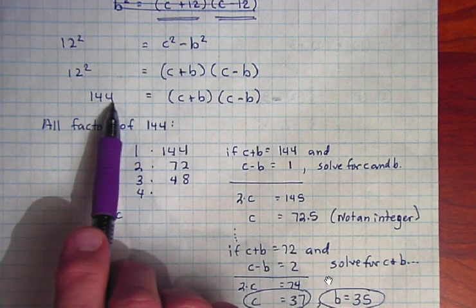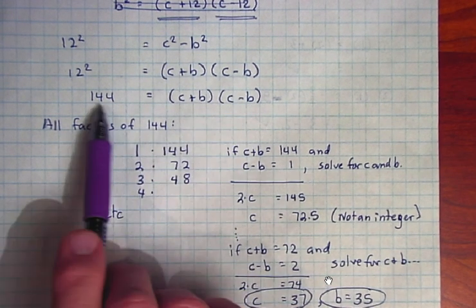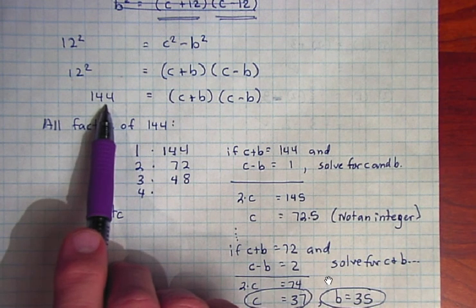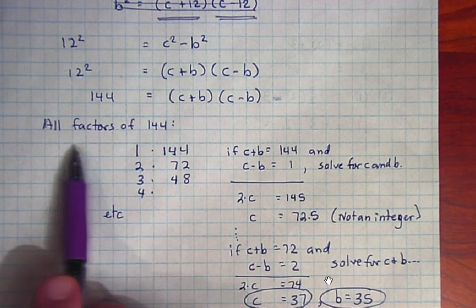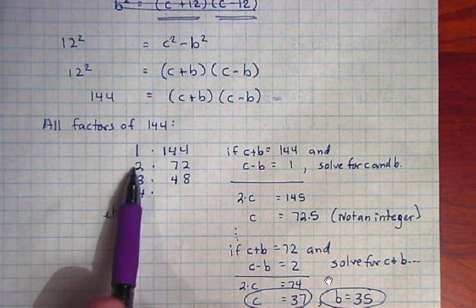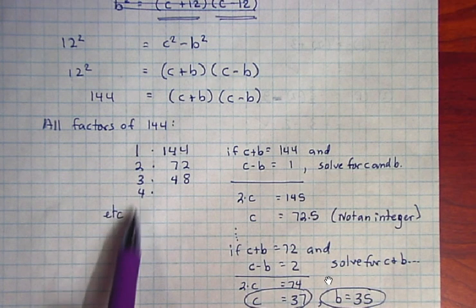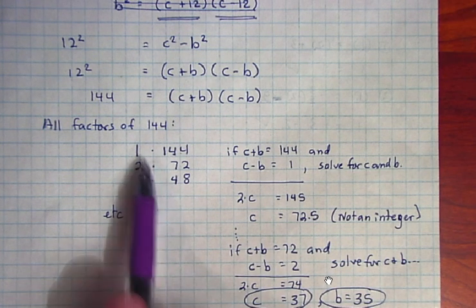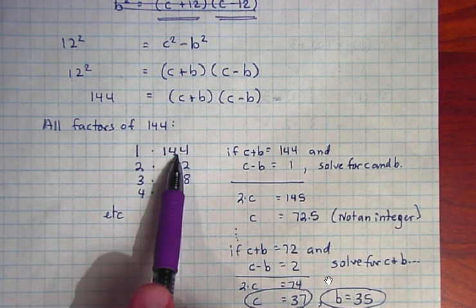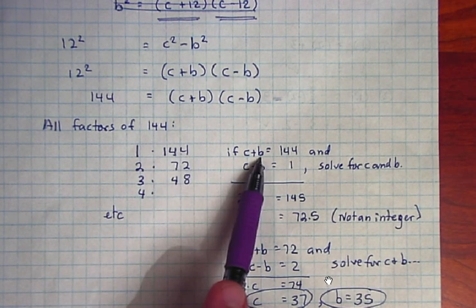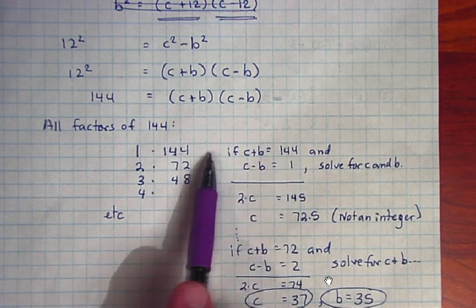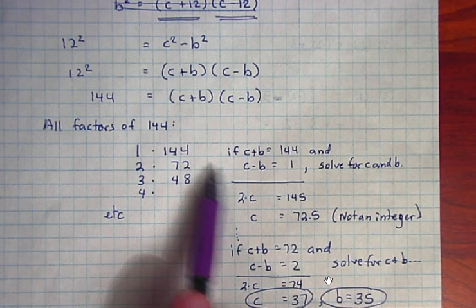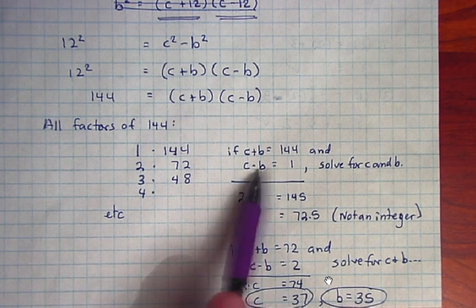So here you have these two factors multiply to give you 144. Well, what are all the factors of 144? I started listing them for you. You should list all the factors. And if the larger one, c plus b, is 144 in this first case, the smaller one, c minus b, is equal to 1.